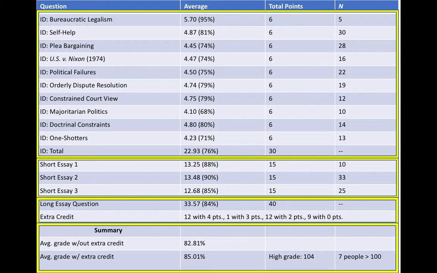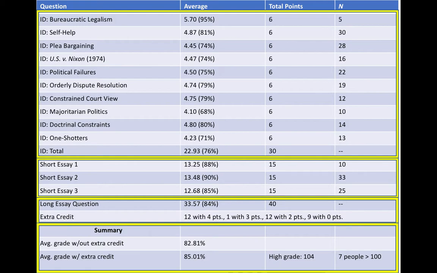So it seemed to me that there's a subset of the class that really is getting it and doing really well, and then there were also a handful of you who earned D's and F's. And so for those of you who are in that boat, we'll talk about the final exam before it happens, but I think, they say the definition of insanity is doing the same thing over and over again and expecting a different result.